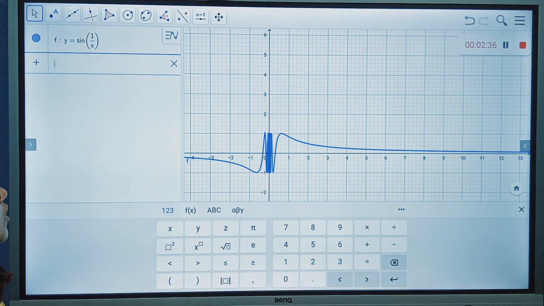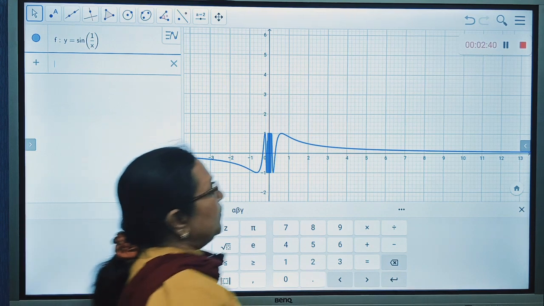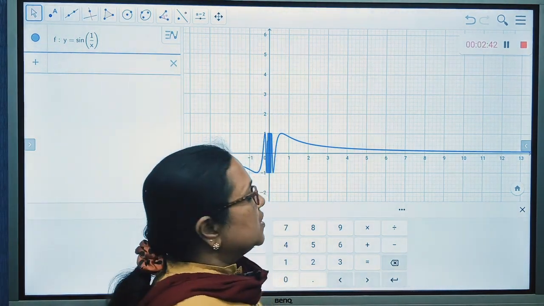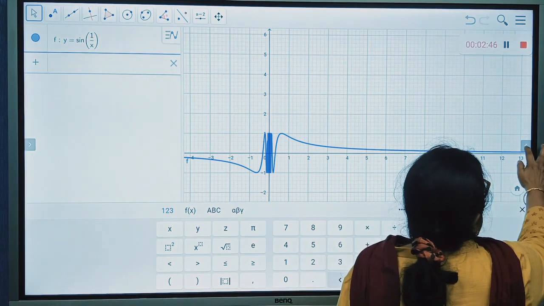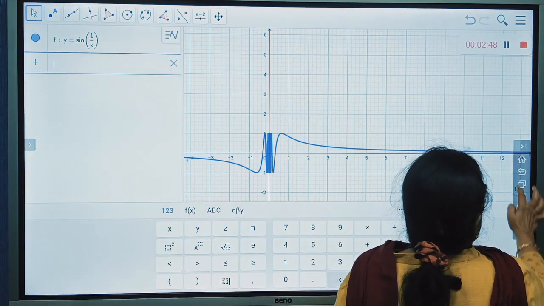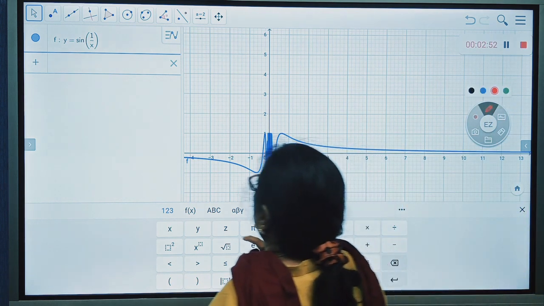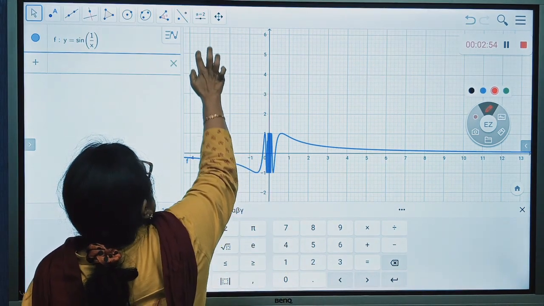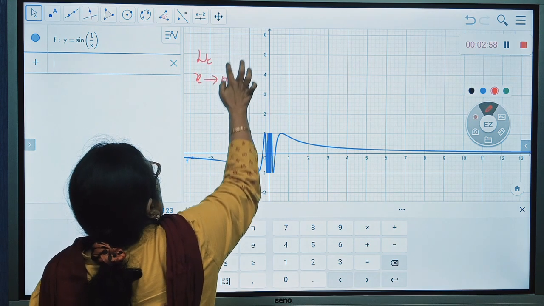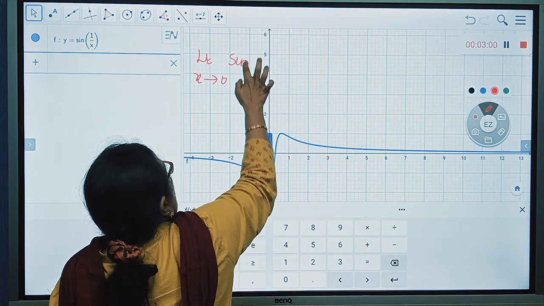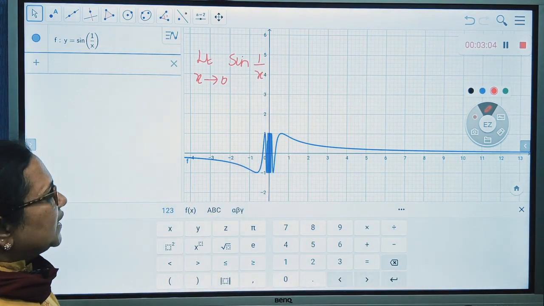Okay, now what do you observe? We want to find what is limit x tends to 0 sine 1 by x. So this is the graph.